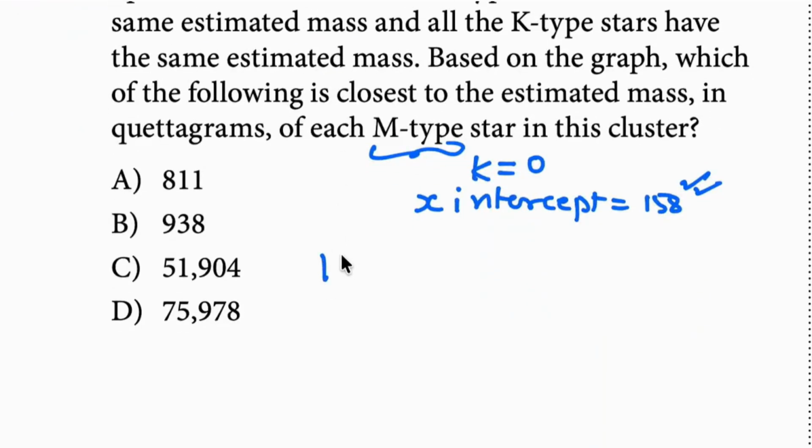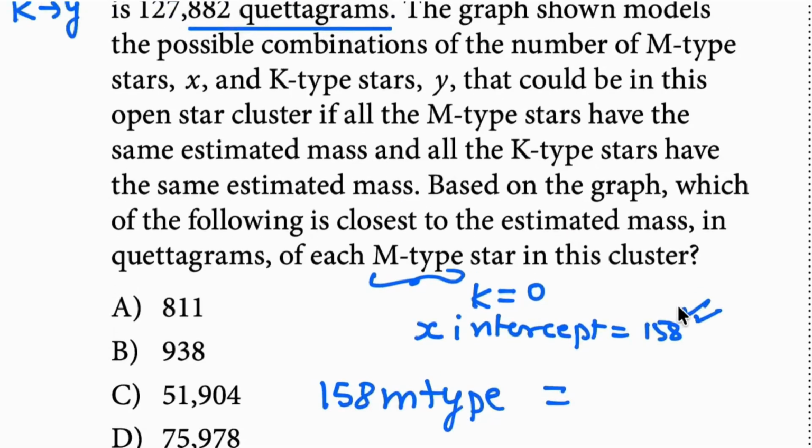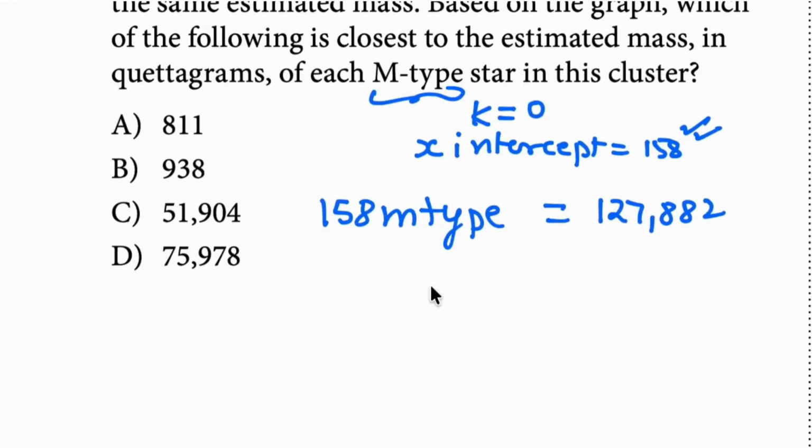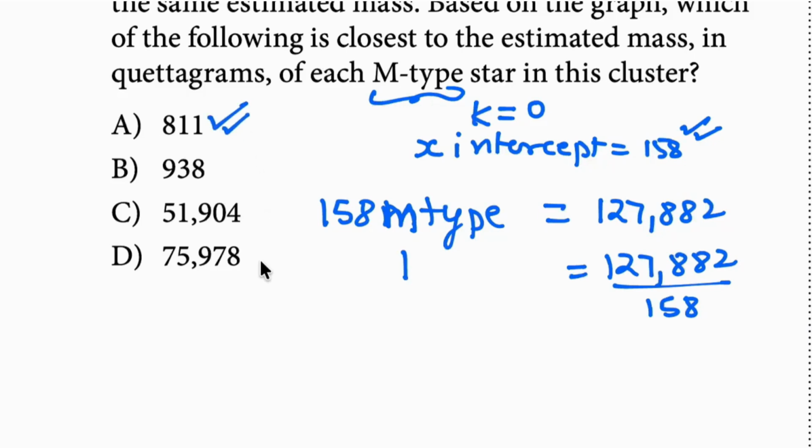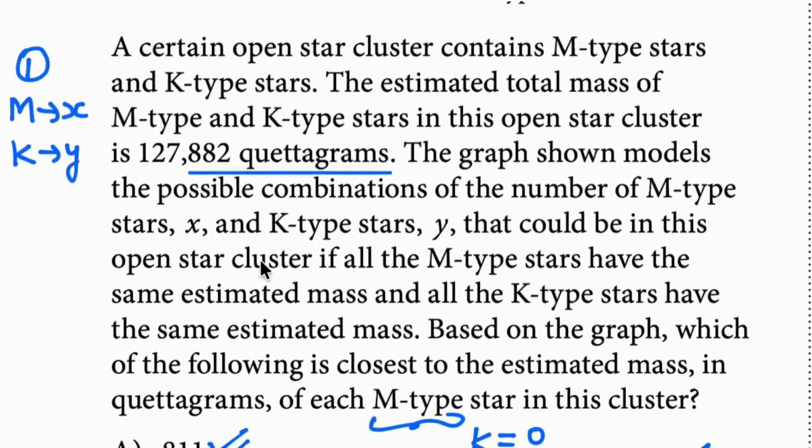So 158 M-type stars have a mass of 127,882 quadrograms. So what will be the mass of one M-type star? That means we will divide it by 158, and it's approximately 811, right?